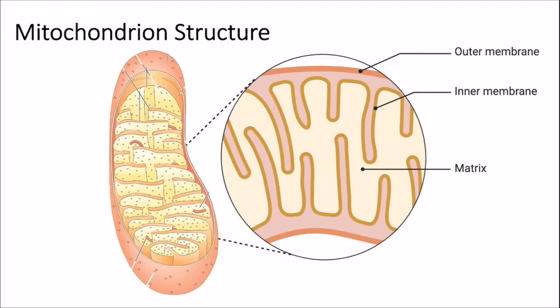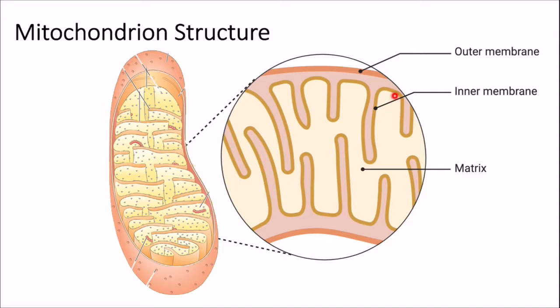The outer membrane consists of proteins called porins. These proteins allow facilitative diffusion of ions and small molecules across the permeable outer membrane. In between the outer membrane and the inner membrane, we find the intermembrane space.